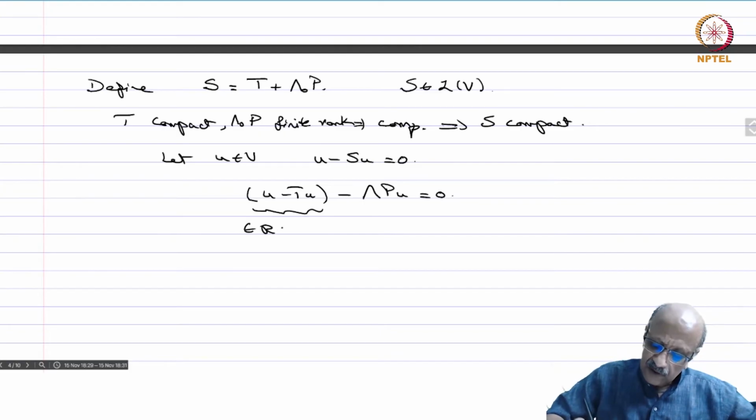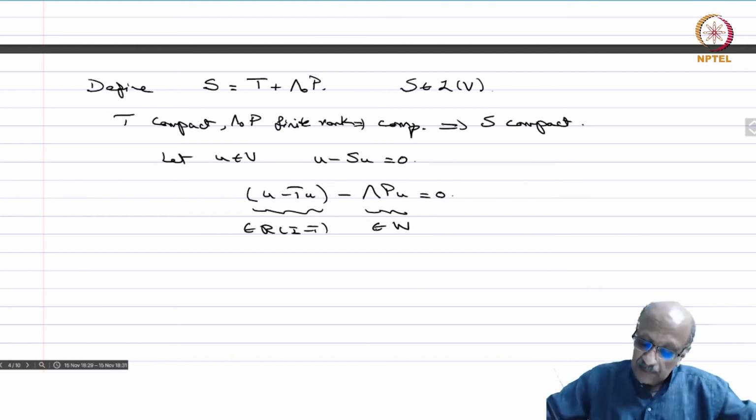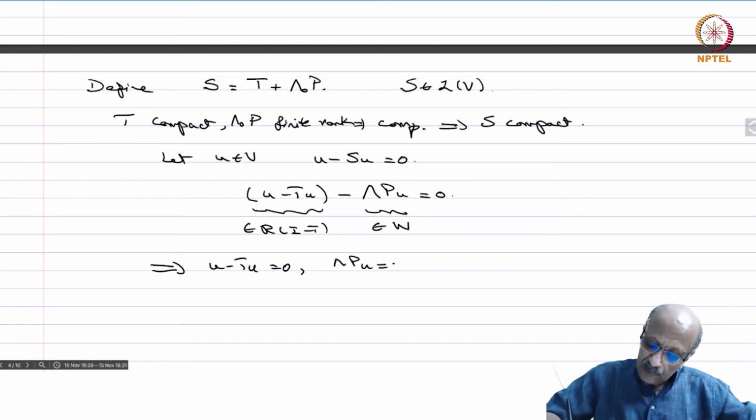This belongs to the range of I minus T, and this belongs to W, which is the complement of the range of I minus T, and therefore this is a direct sum. Therefore you have written the 0 vector as a sum, one here and one there, so each of them has to be 0. So this implies that U minus TU equals 0 and lambda PU equals 0.